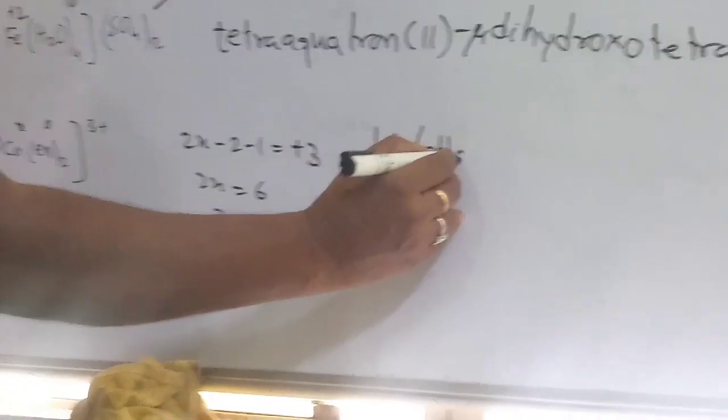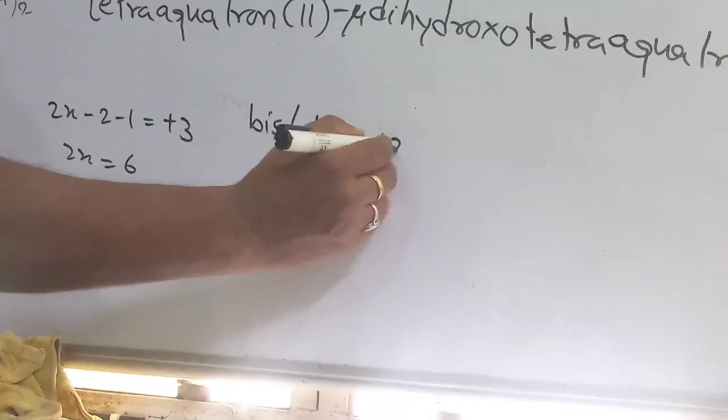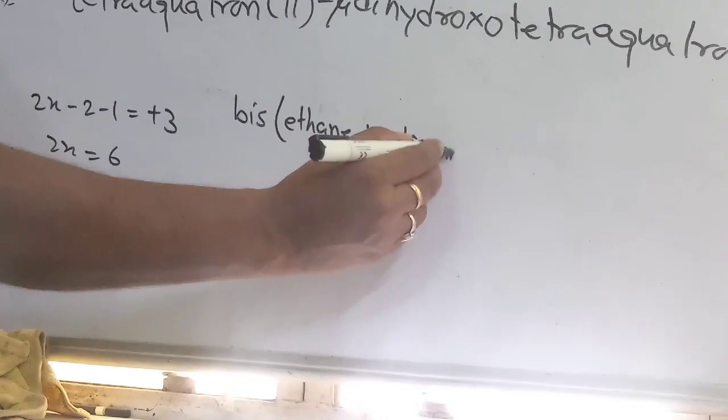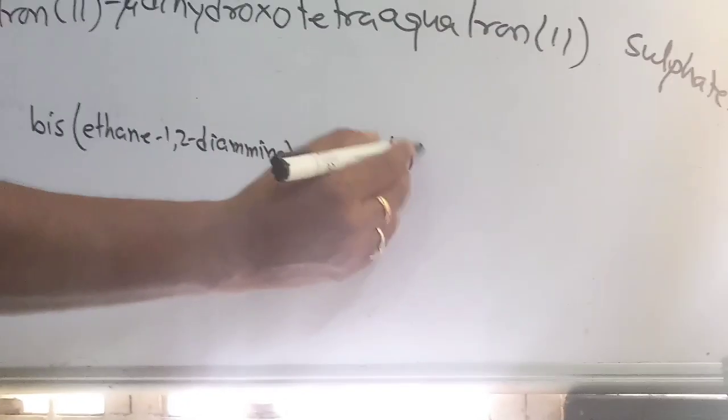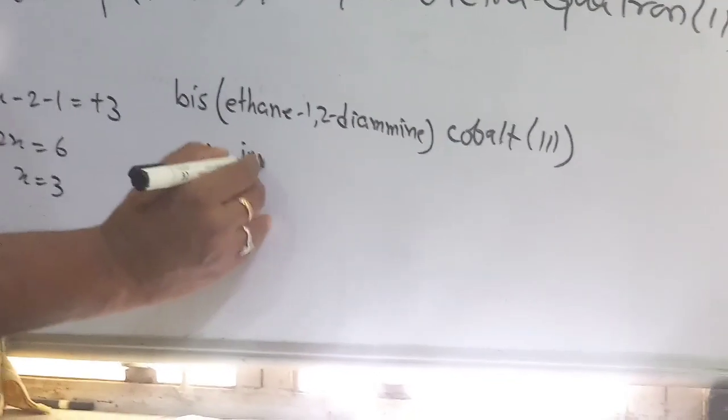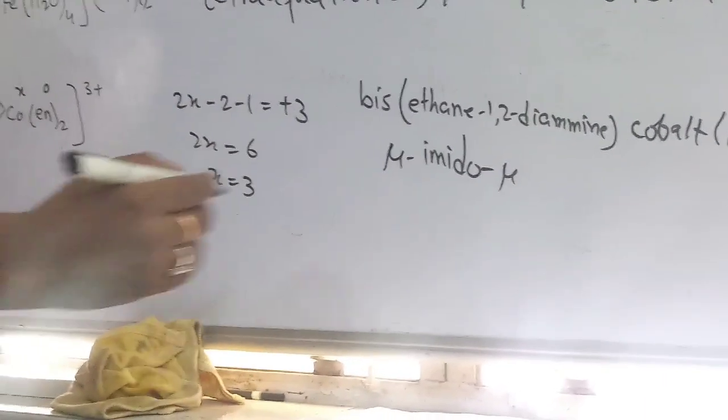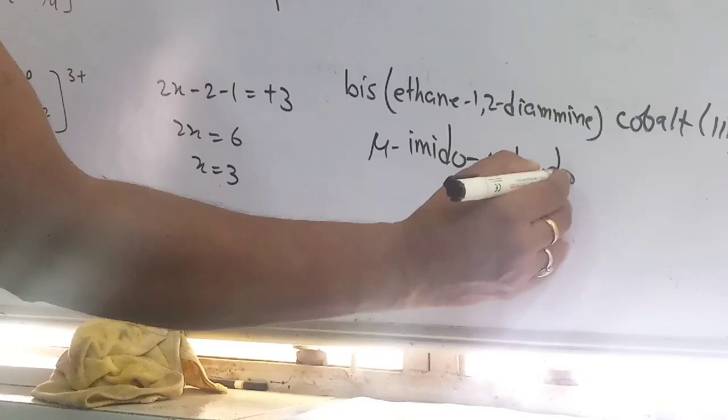Bis ethane, E-T-H-A-N-E, 1,2-diamine, bis ethane 1,2-diamine, cobalt 3, C-O-B-A-L-T, cobalt 3, and NH is called imido, so mu imido, I-M-I-D-O, mu hydroxo, H-Y-D-R-O-X-O, hydroxo.